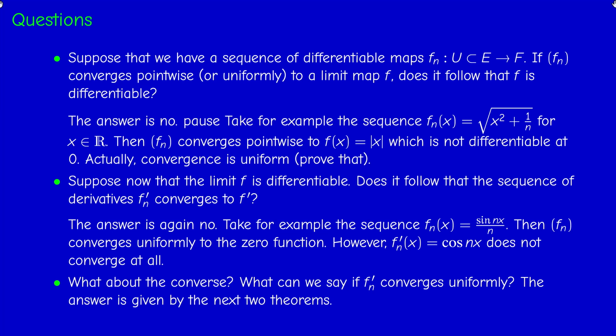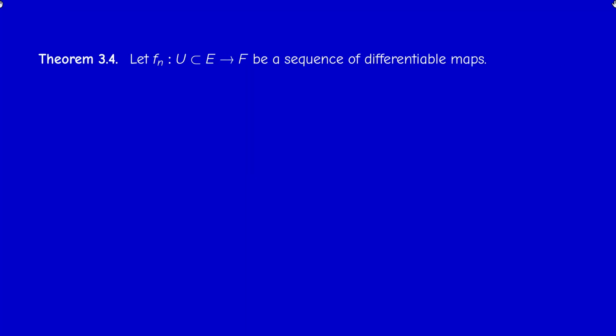Okay. So here are the main two theorems that we're going to prove. We can work in a very general context between normed spaces, so we don't need to work on R. So the first answer to this question is, we assume that all these functions are defined on an open convex set U. So U is convex.